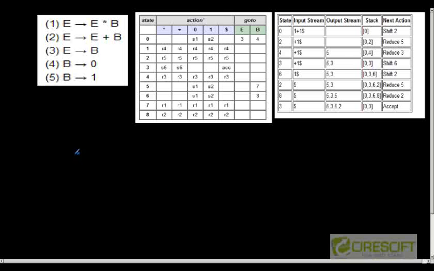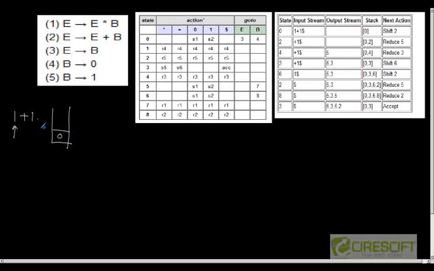1 plus 1. How will you do that? Initially the tape head points to 1 and the current state of the stack will be state 0, the starting state.